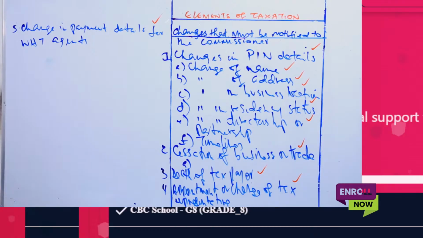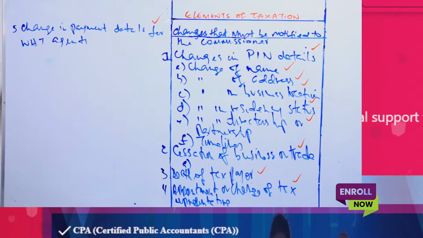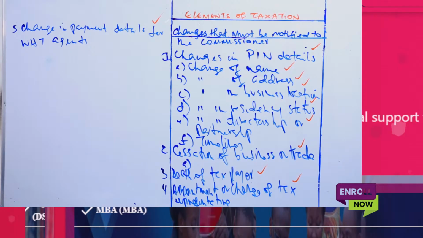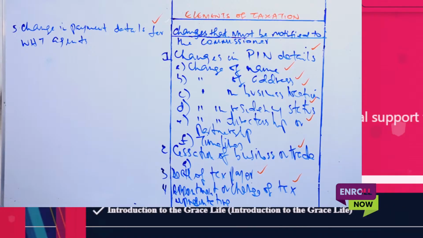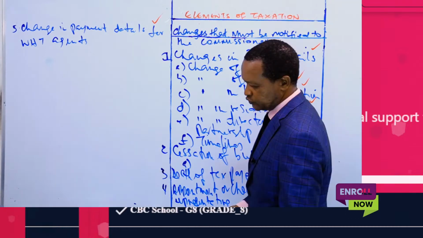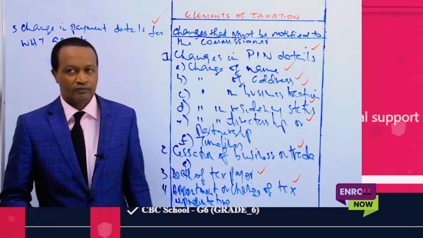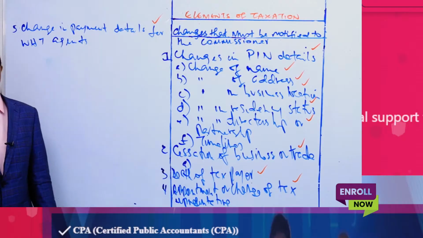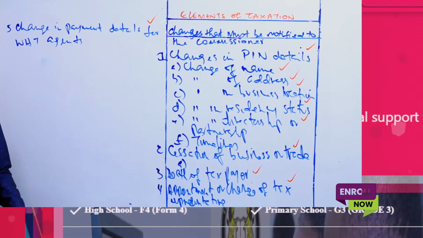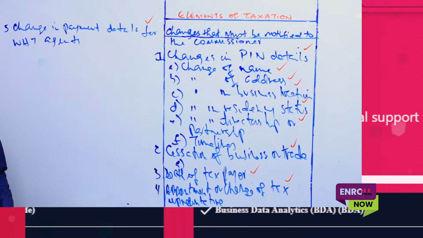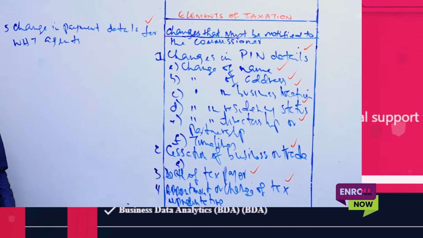And candidates, failure to notify the Commissioner of changes in particulars within the stipulated time frame can lead to administrative penalties as per the Tax Procedures Act of 2015. If the notification is not done, the KRA records may become inaccurate, leading to misdirected communication, incorrect assessments, or even issues with tax compliance certificates.